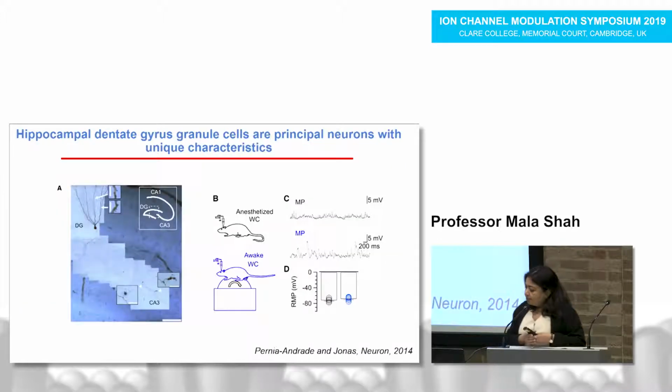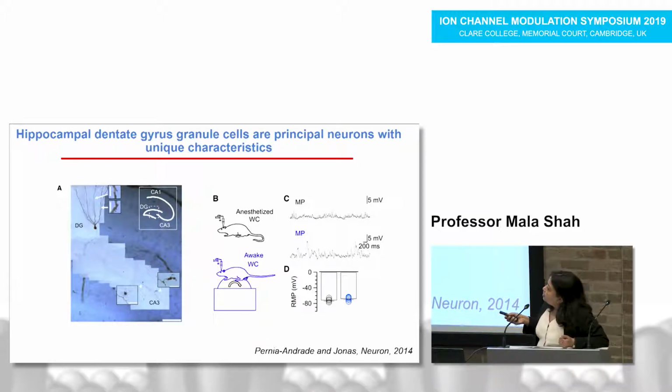So in the hippocampus, you have the pyramidal neurons, but you also have granule cells in the dentate gyrus, which are principal neurons. And the morphology of these neurons is quite distinct, as you can see here. This is a granule cell, and these are the dendrites, and it has a very long axon which connects to CA3 pyramidal neurons. This axon, unlike that of CA1 pyramidal neurons, is actually unmyelinated.